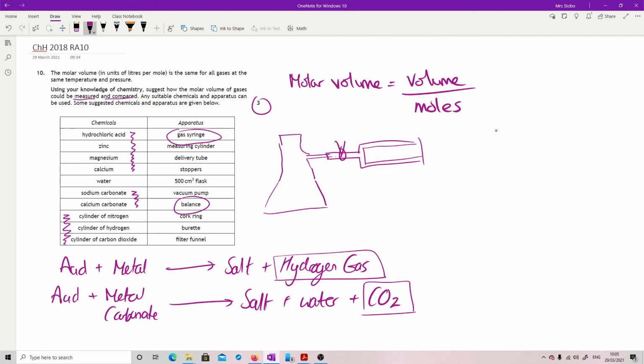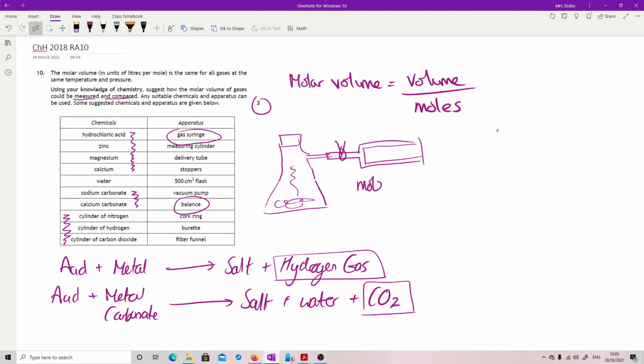And then you set up your chemical reaction, fizzes up here, so that doesn't look particularly like a stopper, but you know what I mean. You get the gas produced down here, you then clip off this bit here, you will have a known volume. Since you have a known volume, you can then go to the balance, get a known mass, and now we can work out moles.